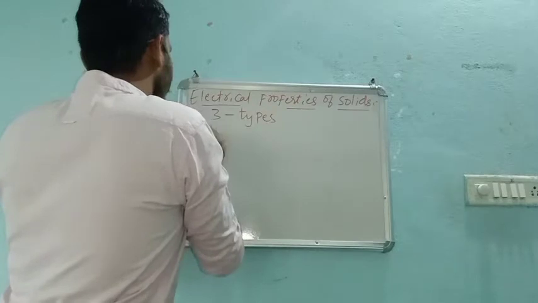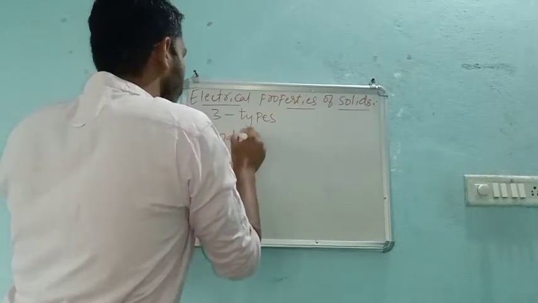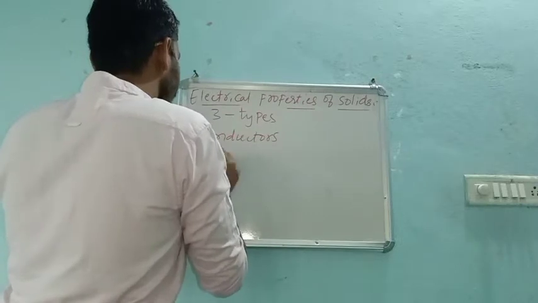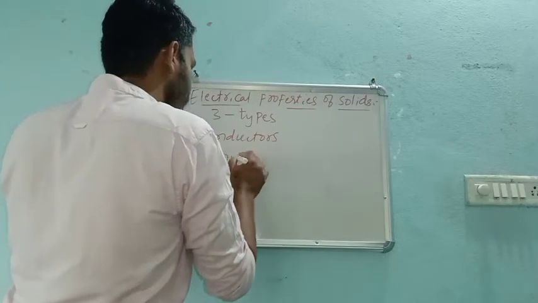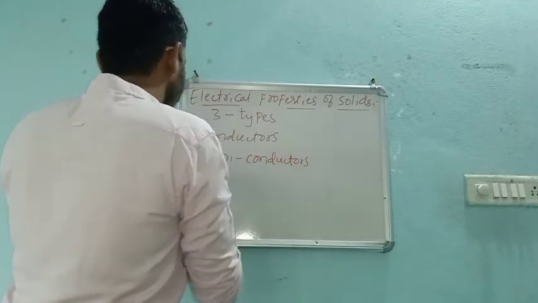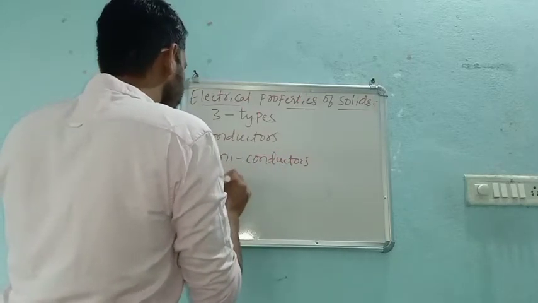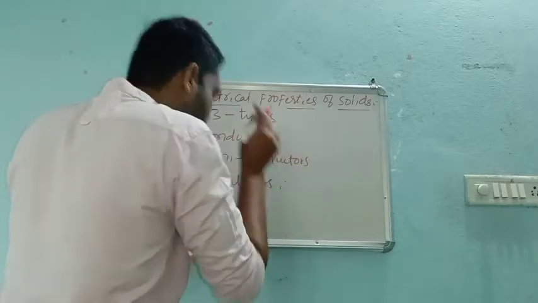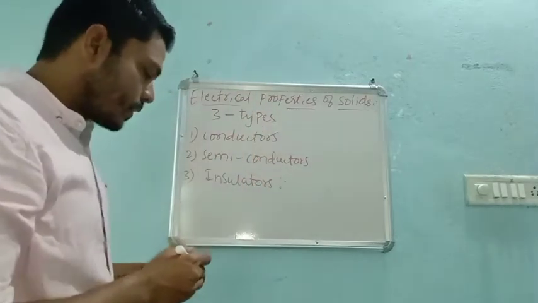Number one, conductors. You already know what conductors are. Second, semiconductors, and third, insulators.